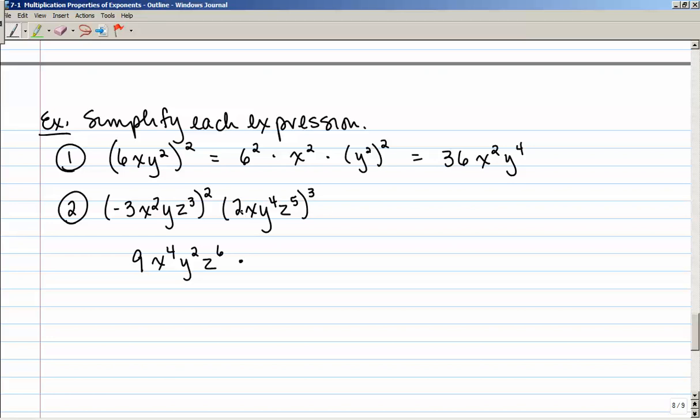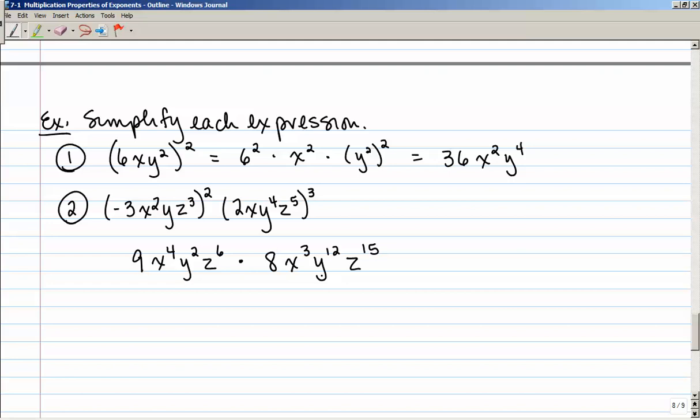Next part of the problem. 2 to the 3rd power is 8. X to the 3rd power is x cubed. Y to the 4th to the 3rd power is y to the 12th, and z to the 5th raised to the 3rd power is z to the 15th.